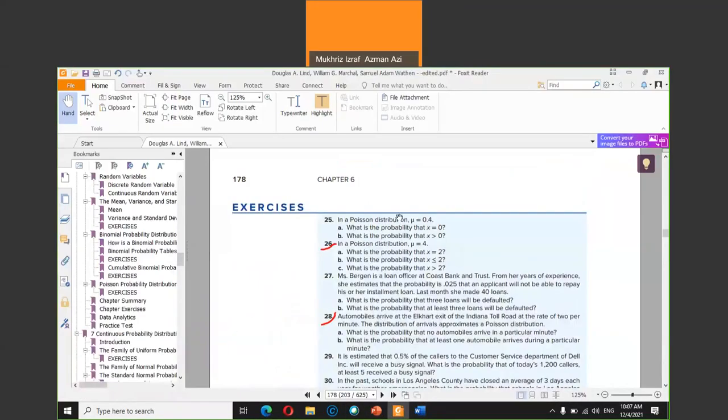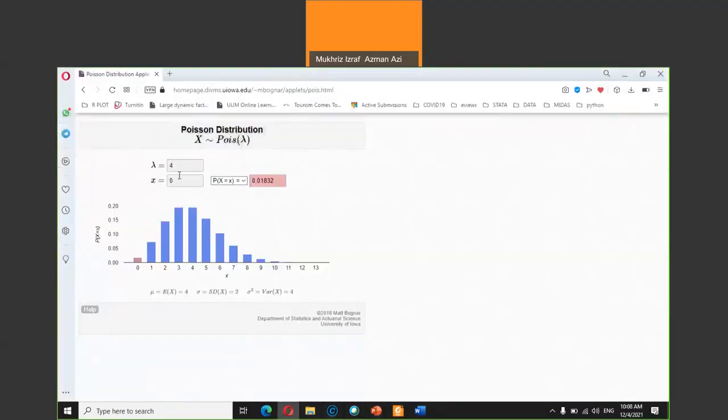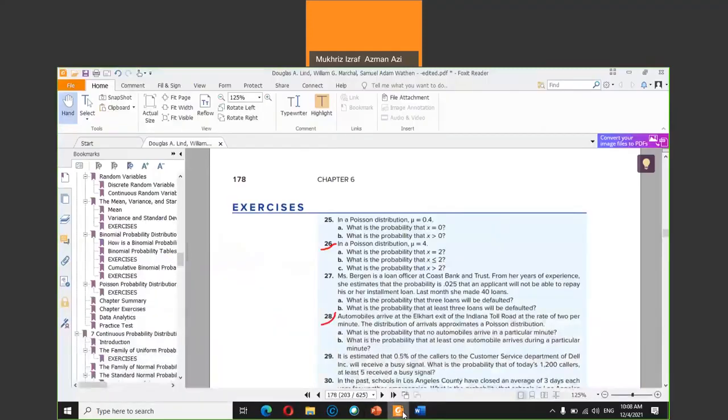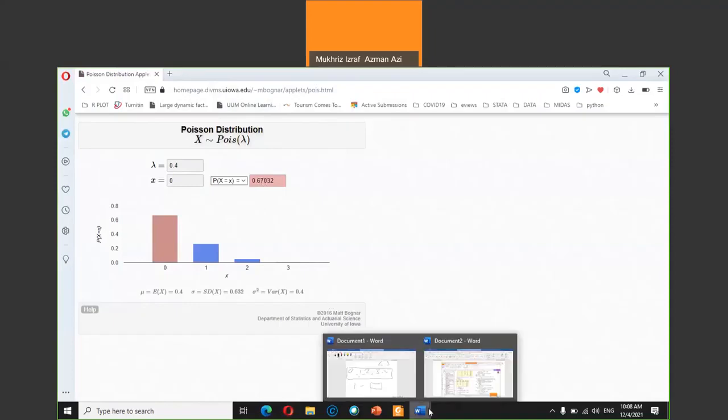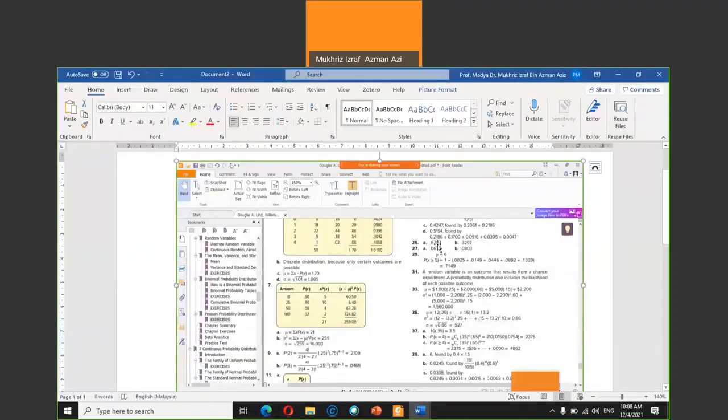Okay, so mu is 0.4. The first one will be x equals to 0. So this one is 0.4, correct? And then here x equals to 0. So you can see the answer is 0.67032, which is the same one here.